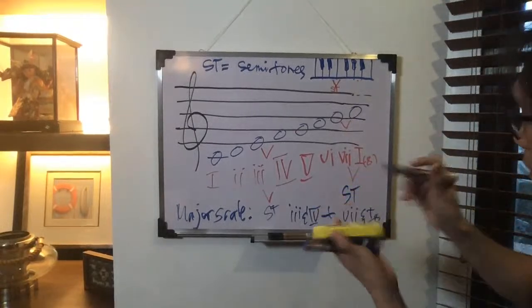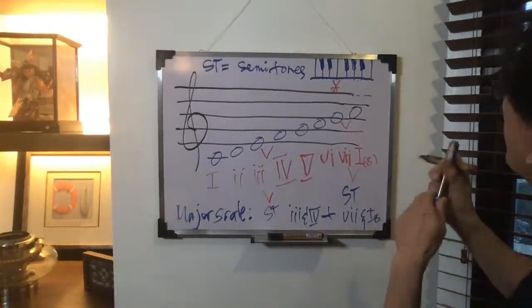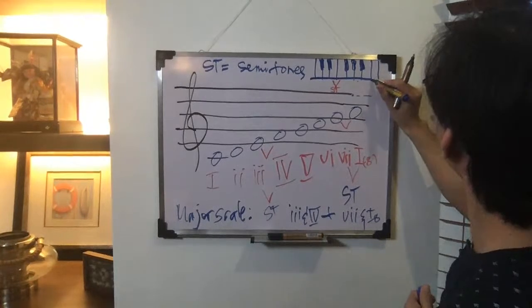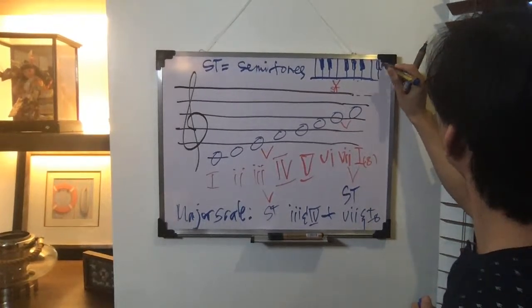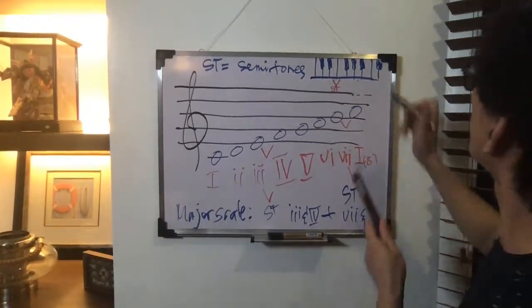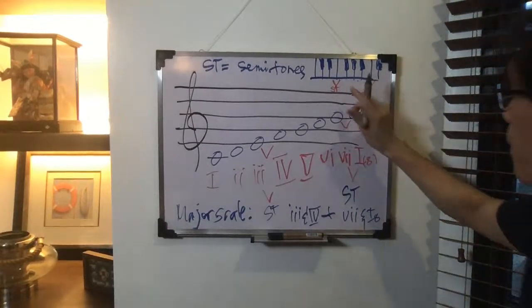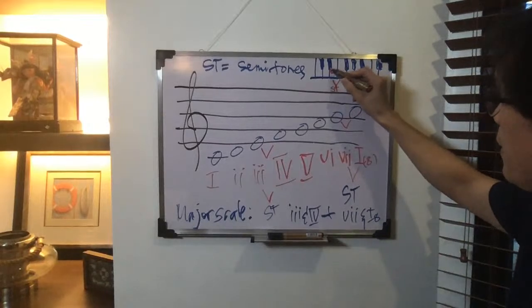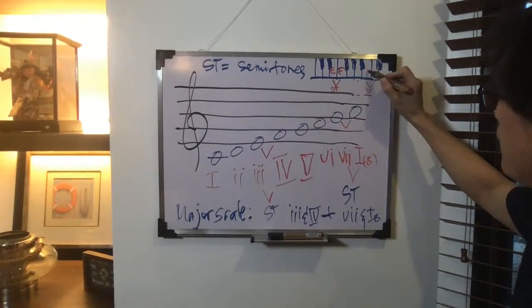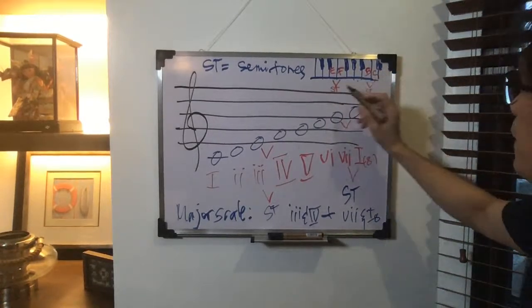There should be another one here, like that. So E and F, this is E and F, this is B and C.